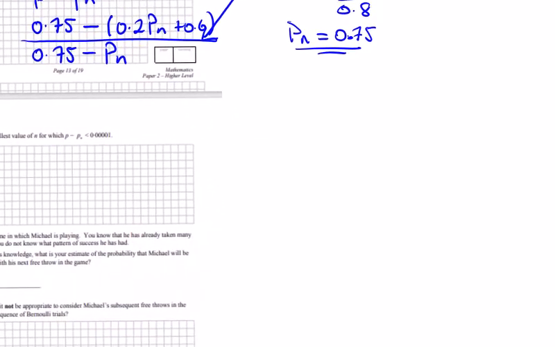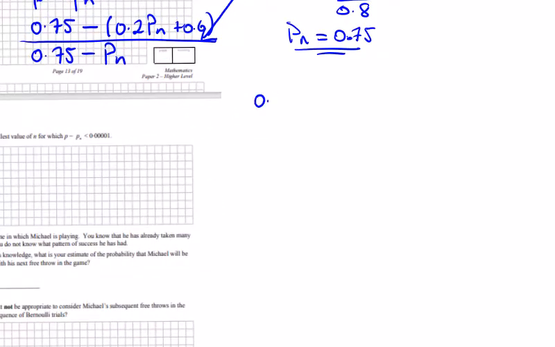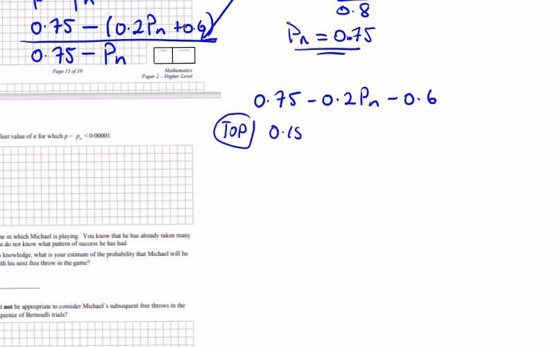So I'm just going to come down to the right hand side here. On top we have 0.75 minus 0.2 pn minus 0.6. So you can see that's going to give, I'll leave out the bottom line for a sec, so this is the top. That's going to leave 0.15 minus 0.2 pn over 0.75 minus pn.